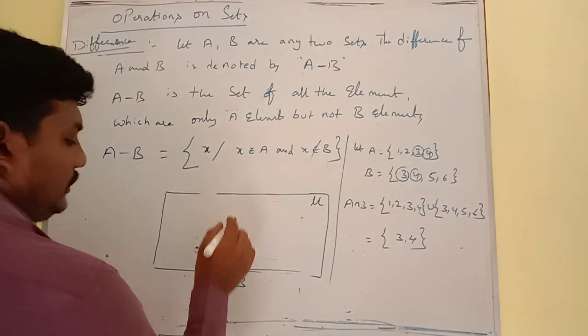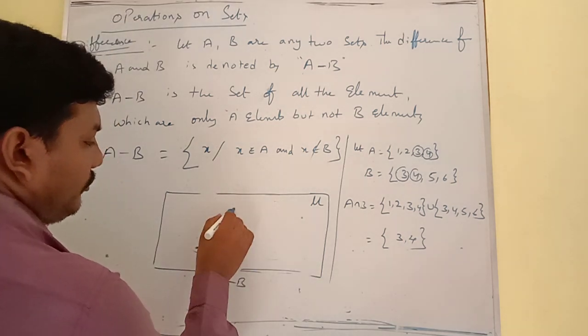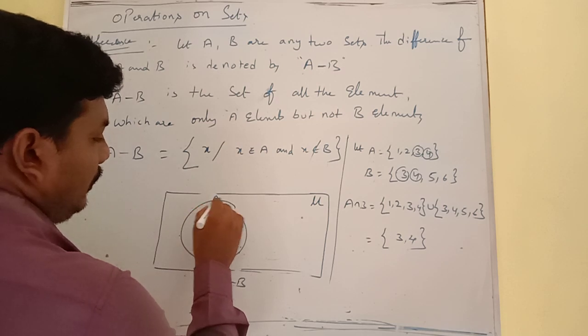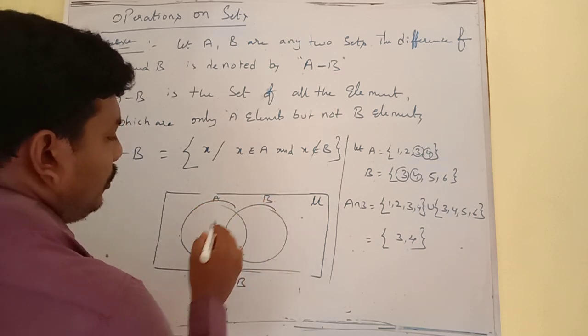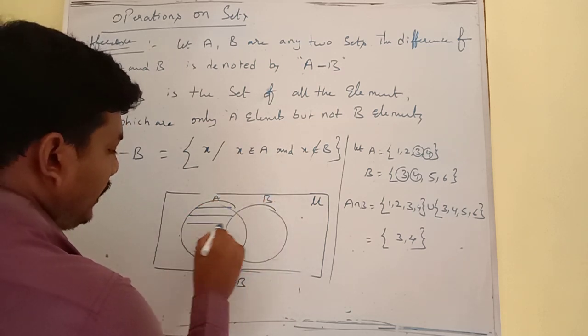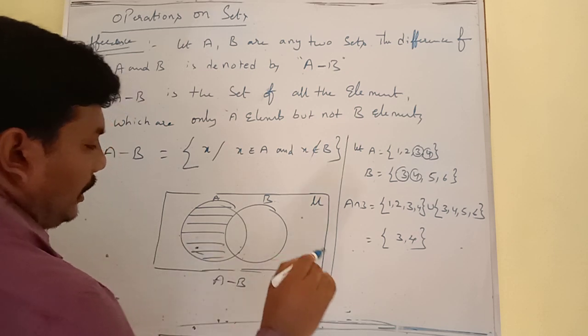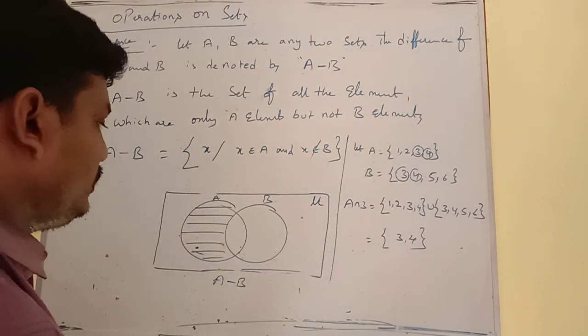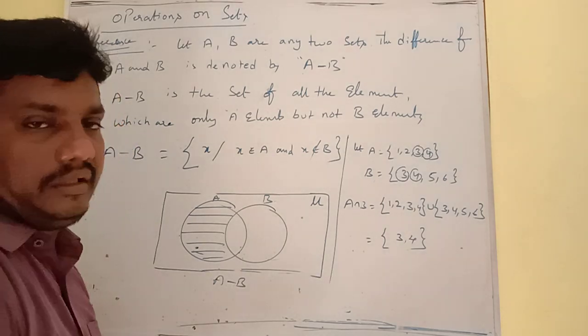How will A minus B be? This is A and this is B. We should consider only A elements. We have to remove B elements.